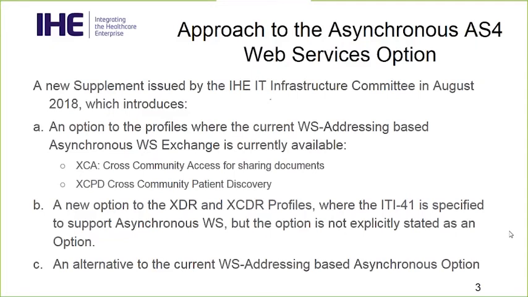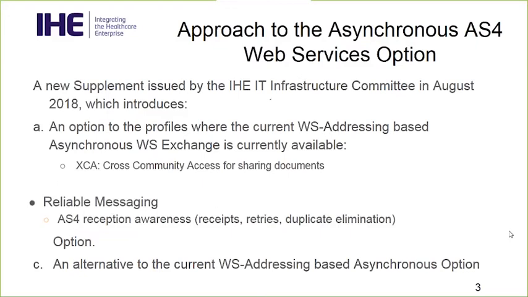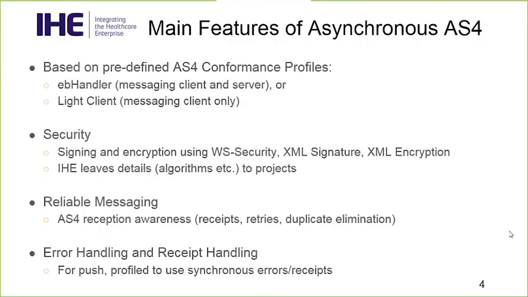So having organized in your mind the general structure for this option and the profile in which it is now available, what we have introduced can be summarized as a number of features.